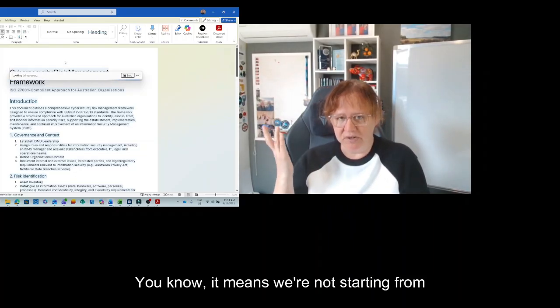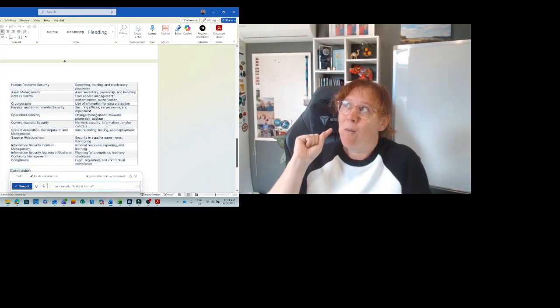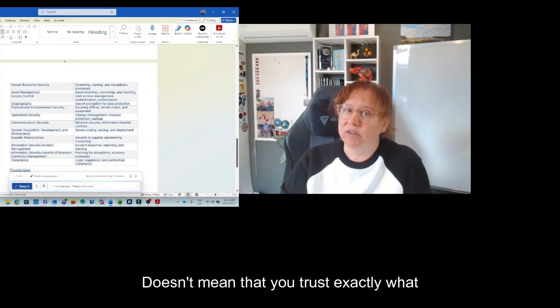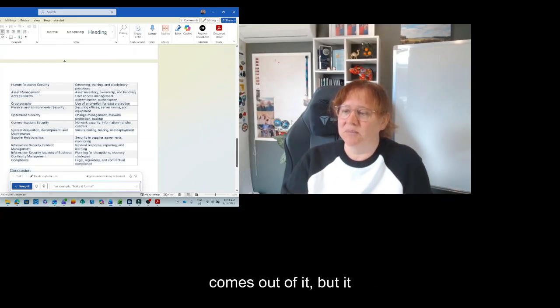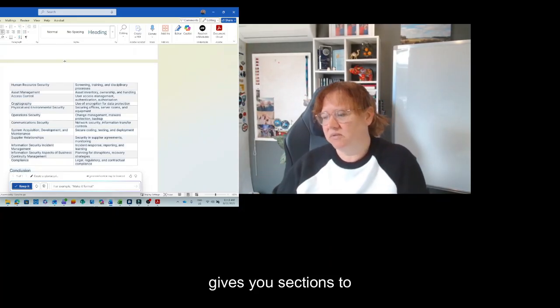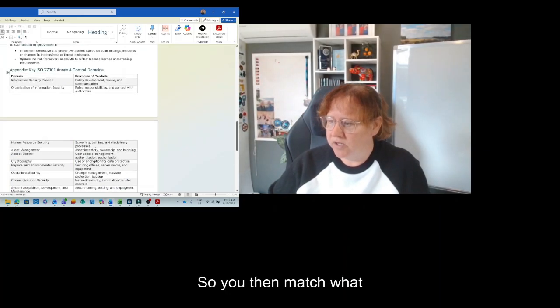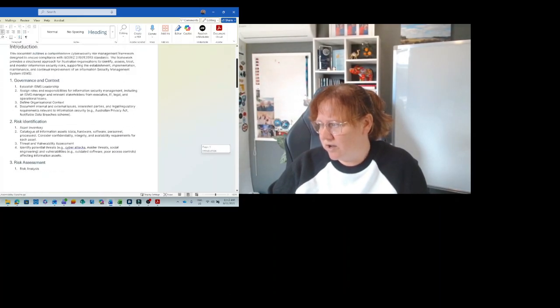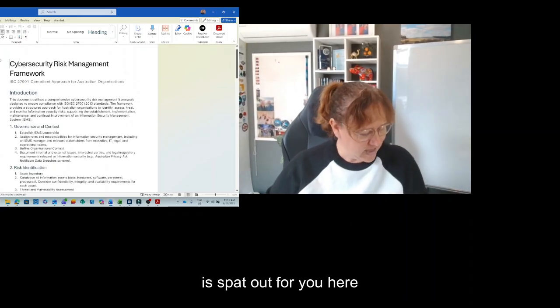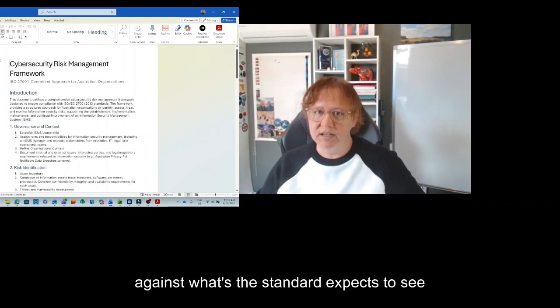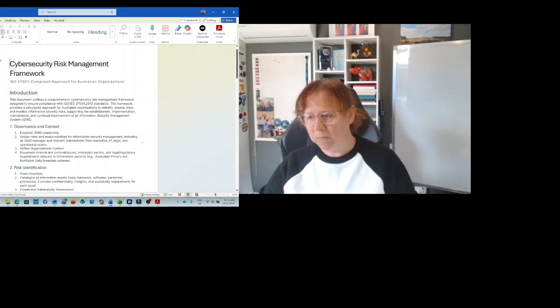It means we're not starting from a blank page. It doesn't mean that you trust exactly what comes out of it, but it gives you sections to consider. So you then match what it spat out for you here against what the standard expects to see in place.